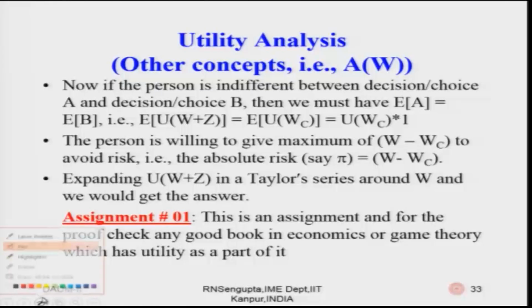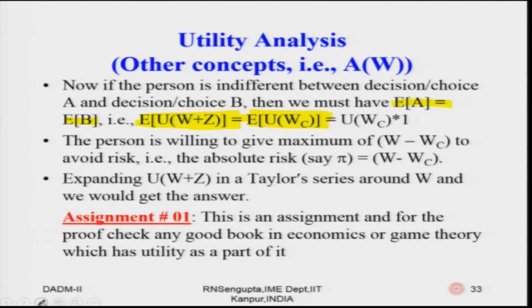As it mentions the expected value, I will just highlight it once. The expected value of A is equal to the expected value of B, and if you remember, A was w plus z, and B was WC. If you put them in, the actual formula comes out with A as the left hand side, which I am highlighting now, and B as the right hand side, which I am highlighting now.